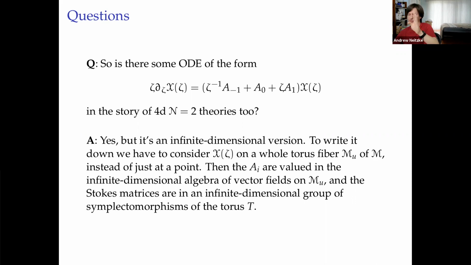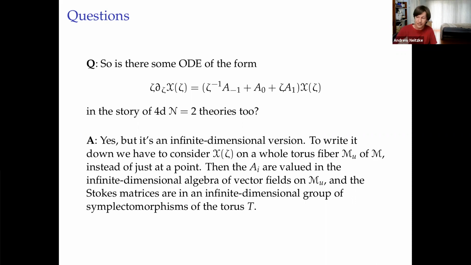So they're valued in the algebra of vector fields on the torus fiber. And so they're valued in this infinite dimensional algebra, acting on the infinite dimensional space of all functions on the torus fiber.